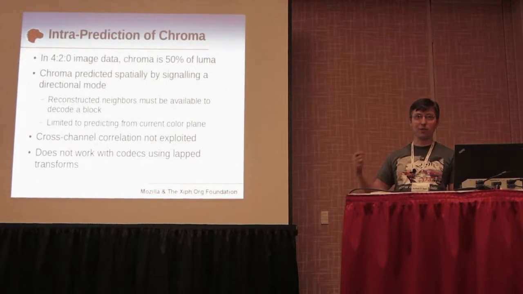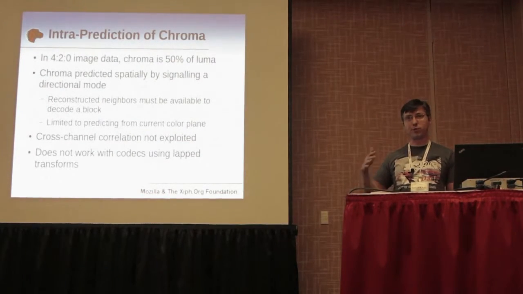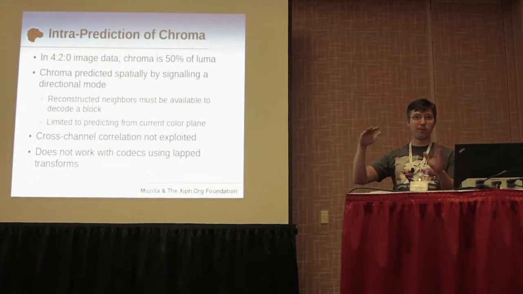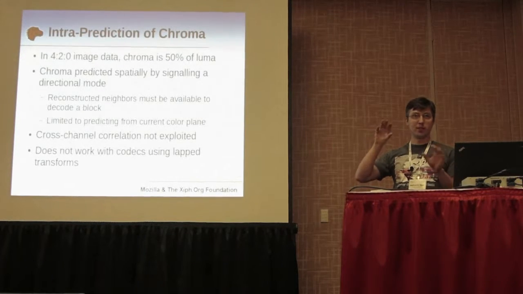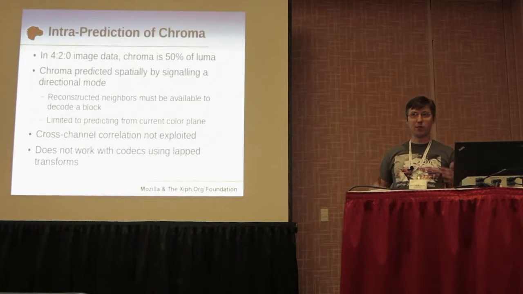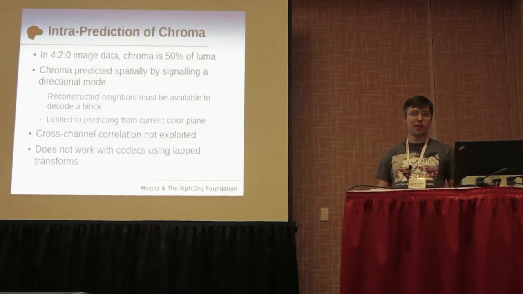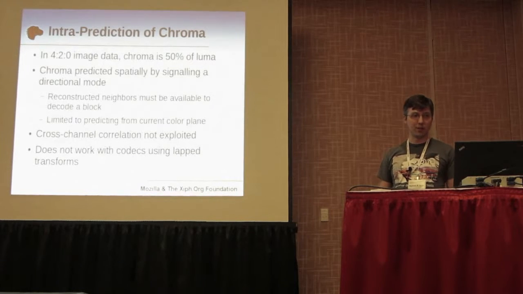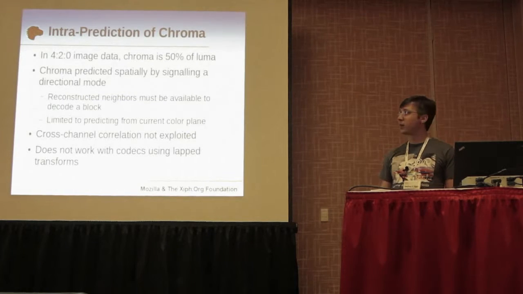We'll send a mode, and then in the spatial domain, we'll predict what that block looks like from the decoded neighboring blocks. This is done mostly because of local coherency, and has the limitation that we end up doing it just based on the current color plane.